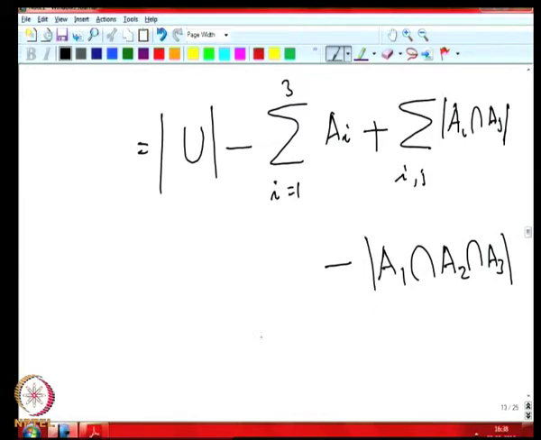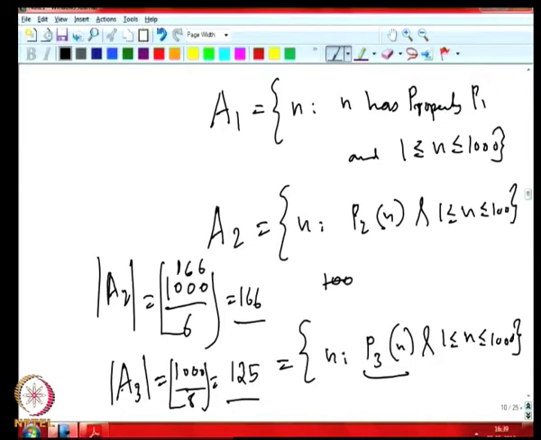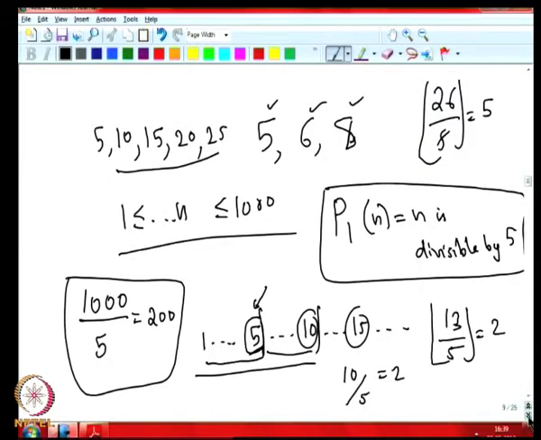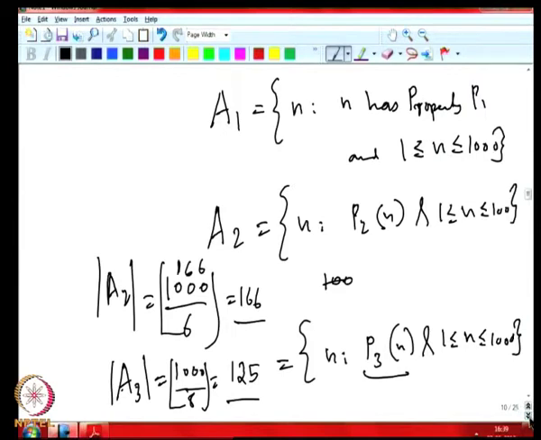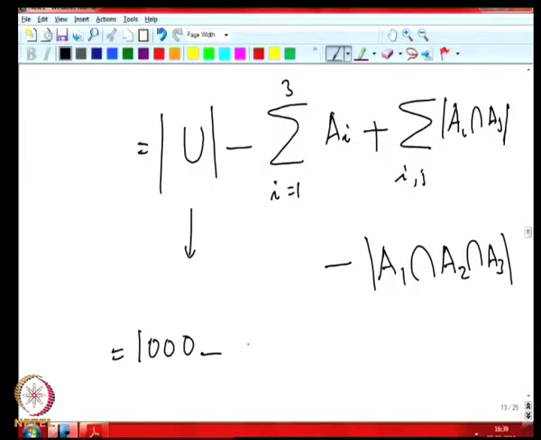This is 1000 minus these 3 sets. We have already calculated the cardinalities of these 3 sets, namely the first was 200, second was 166 and then 125. So, this is 200 plus 166 and 125.